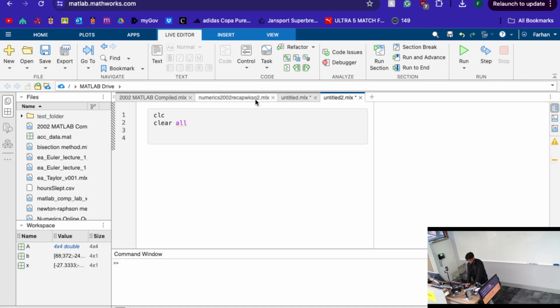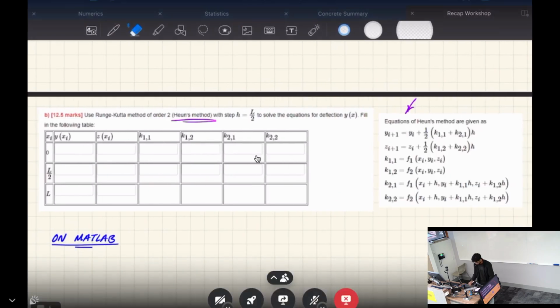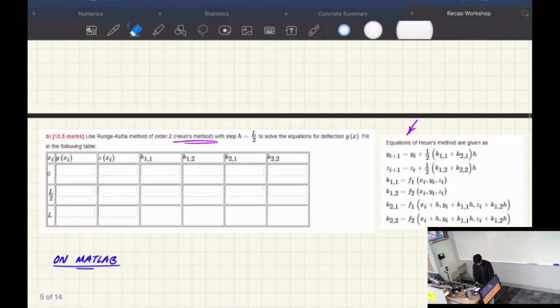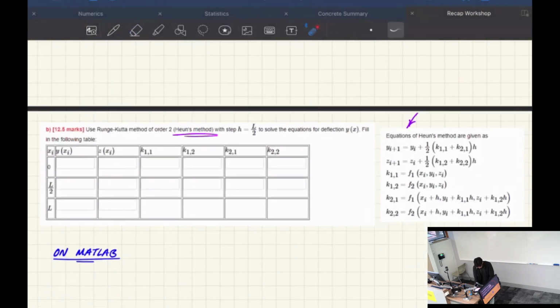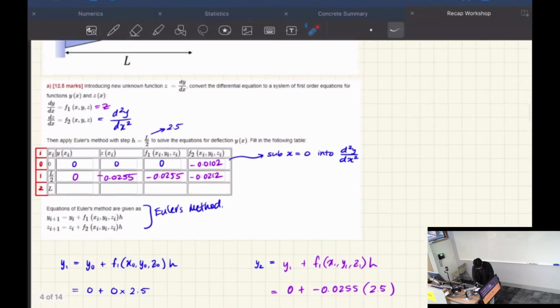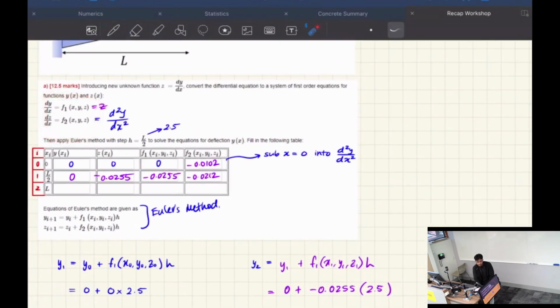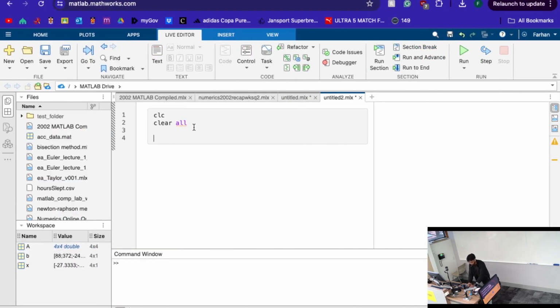Okay, so the first thing you wanna do is initialize your values. Actually, we wanna identify which two equations we're using. Can you guys see? So we've been given these two equations, for the first derivative of y and the second derivative of y. So I'm going to say f1, which stands for the first derivative, at x, y, z.